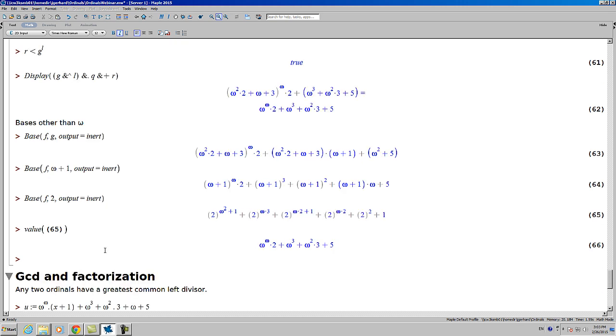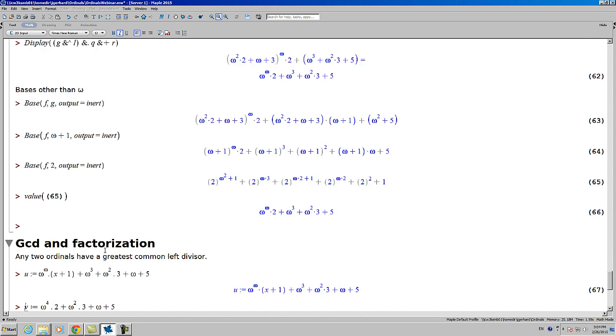A couple of other things can be done with ordinals which may not be all that well known out there. Since any two ordinals have a Euclidean algorithm, that means we have a GCD, but it's a one-sided GCD, a left GCD.